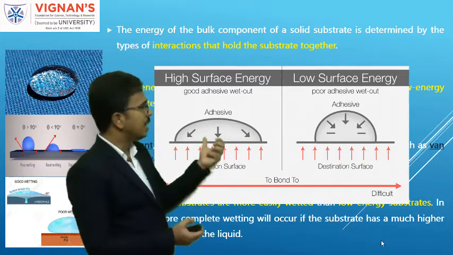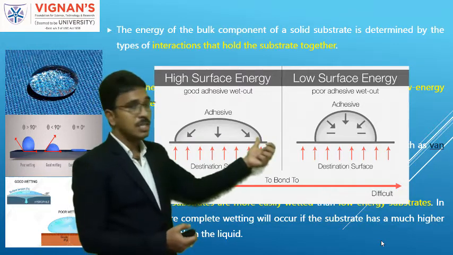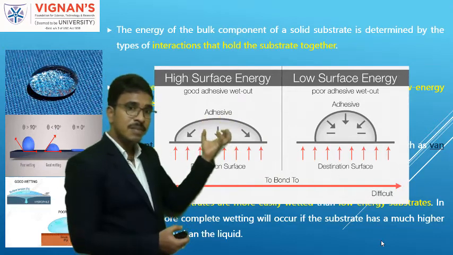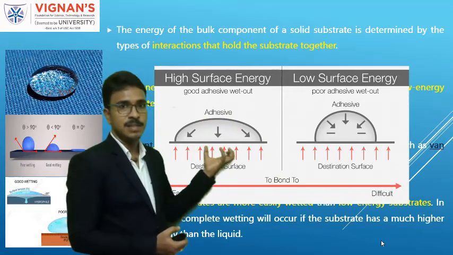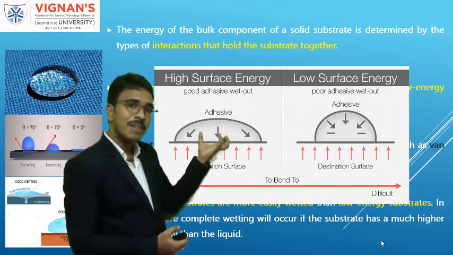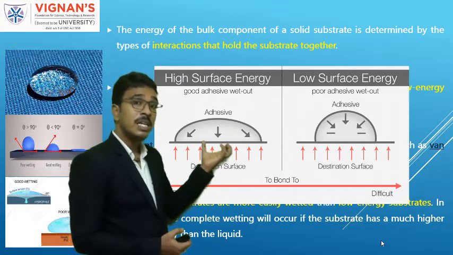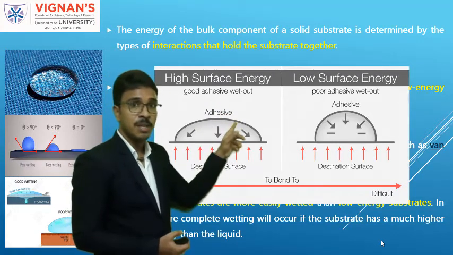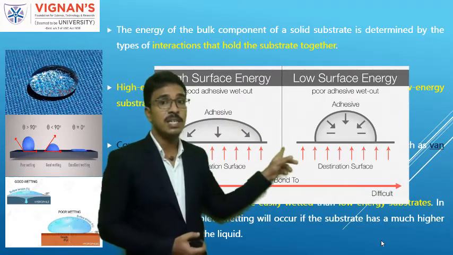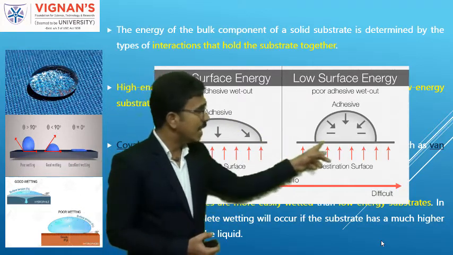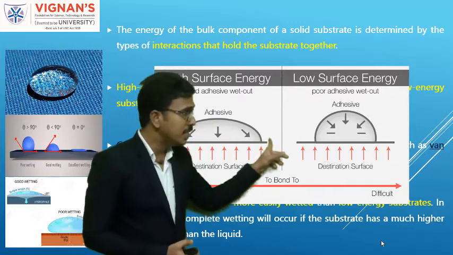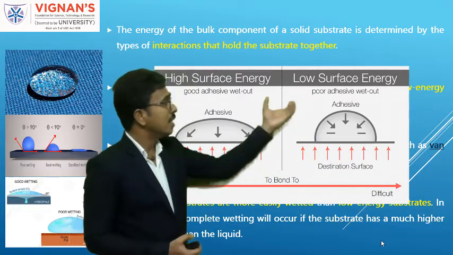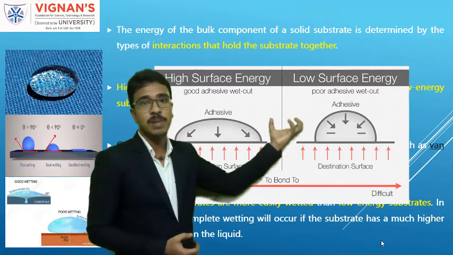Now you can see in the high energy surface, which is a solid surface, after putting the droplet, it is wetted by the surface because the surface energy in the solid is more than the surface tension in the liquid. In a low energy surface, the surface energy of the solid surface is lower than the surface tension of the droplet.